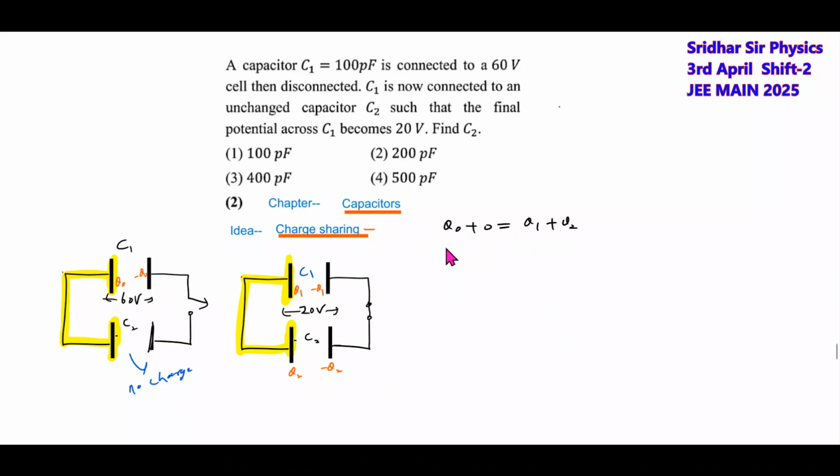Q naught will be C1, C1 will be 100 pico, I'll introduce later on. The calculations you can minimize here. So Q naught will be C1 into 60 equal to Q1, which is C1 into 20, plus Q2, which is C2 into 20. Charge equals capacitance into potential. So this will become 6C1 equals 2C1 plus 2C2.